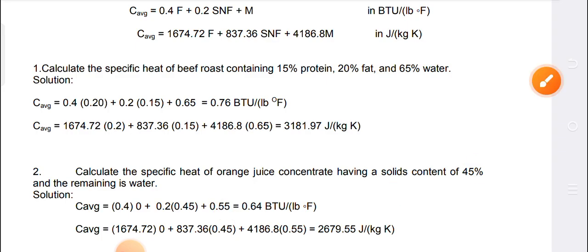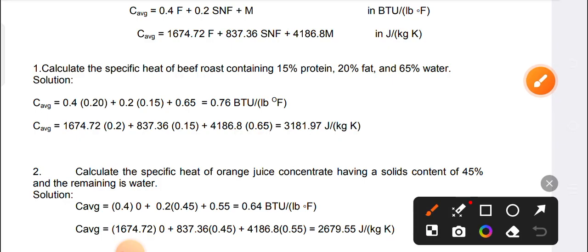Okay, so plug it in the formula. So you have no fat and then 0.45 mass fraction for solid non-fat and 0.55 for the mass fraction of the moisture. So you have a total of 0.64 BTU per pound degrees Fahrenheit.